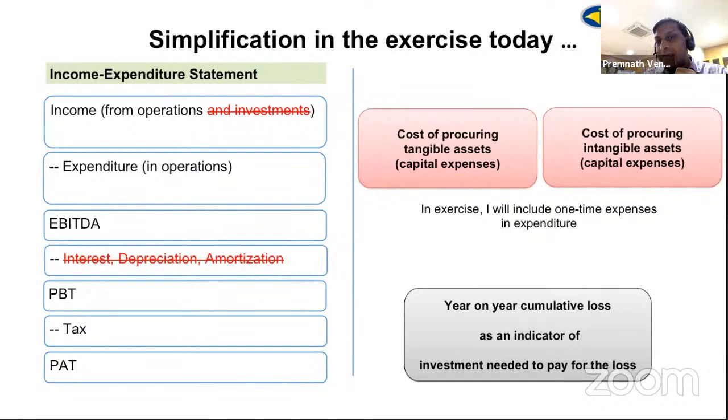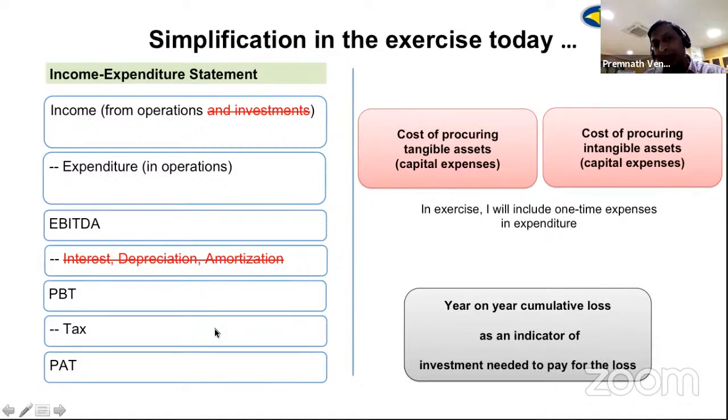And I will also assume that there is no hold up in the money that you're supposed to get, and money comes in very, very quickly as soon as you invoice somebody. So we'll just assume a very simple system where there's no backlog of payments, no steady state system primarily. So we'll look at a year on year, whatever the cumulative loss is.